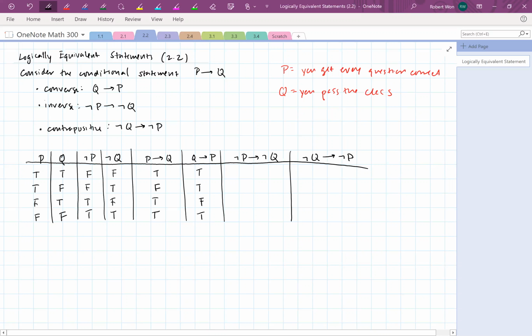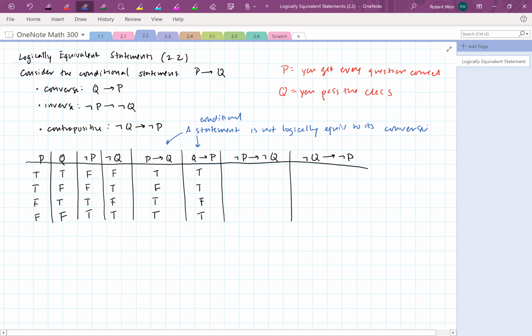Okay, so you can see that these 2 columns are not the same. So this says that a statement is not logically equivalent, sorry, to its converse.